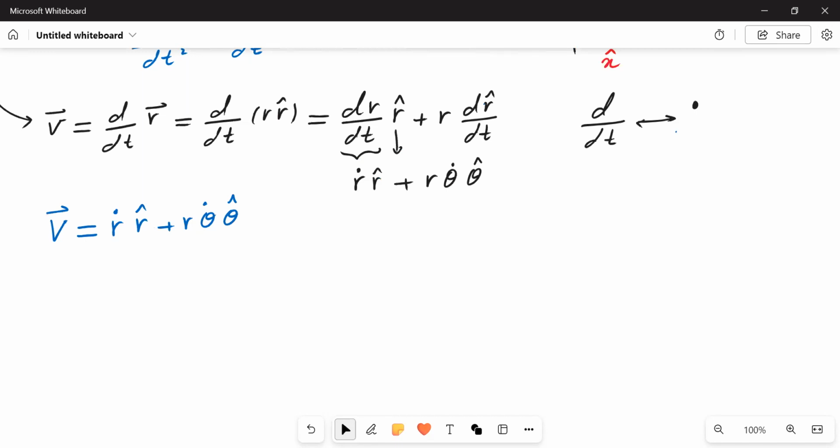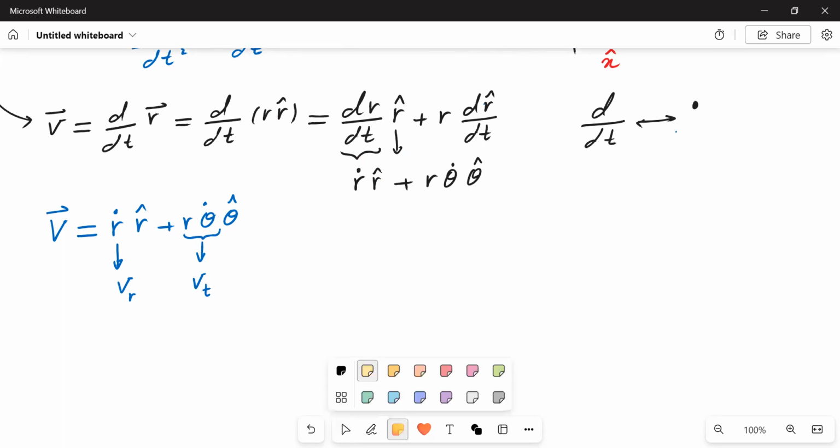The component along r hat is what we call the radial component of the velocity, which we show by VR. And the component of the velocity vector along the azimuthal direction is what we call the tangential component of velocity, or the tangential speed.